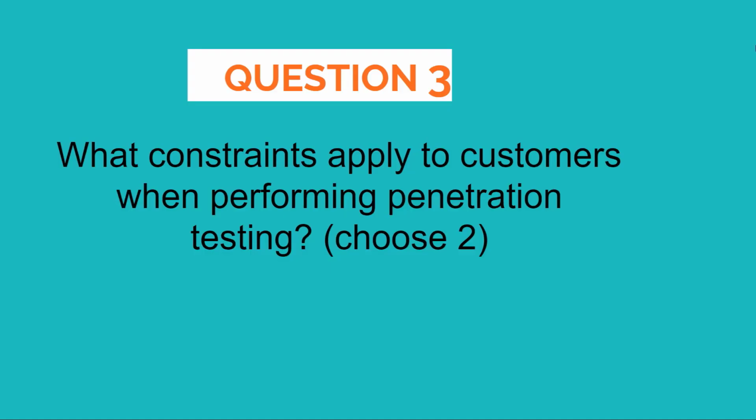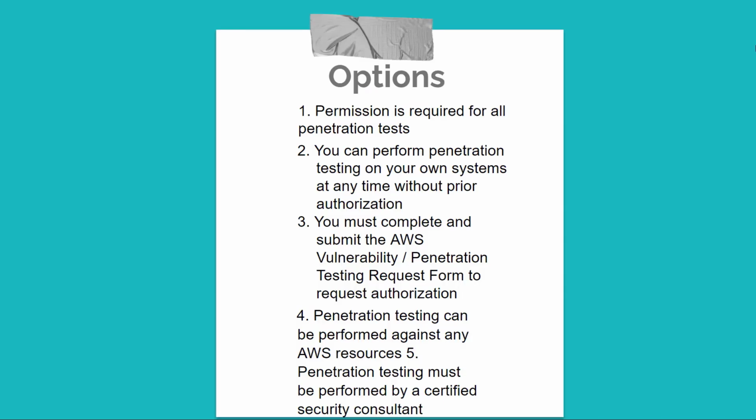Question. What constraints apply to customers when performing penetration testing? Choose 2. Option 1. Permission is required for all penetration tests. 2. You can perform penetration testing on your own systems at any time without prior authorization. 3. You must complete and submit the AWS vulnerability/penetration testing request form to request authorization. 4.